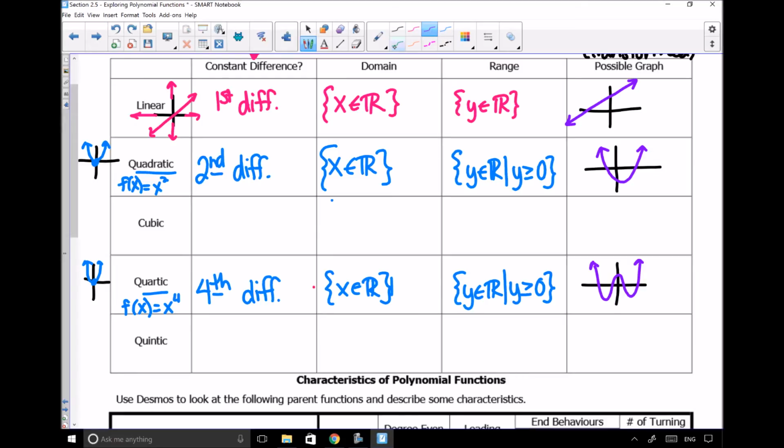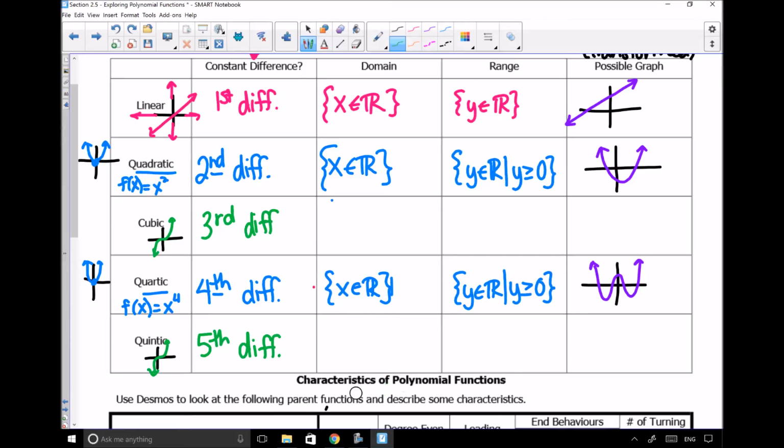So for our cubic, we are going to just draw a sketch of our parent function. So this is what our cubic parent function looks like. And then our quintic parent function looks very similar. Okay. The third differences are going to be constant for cubic, and then the fifth differences are going to be constant for quintic.